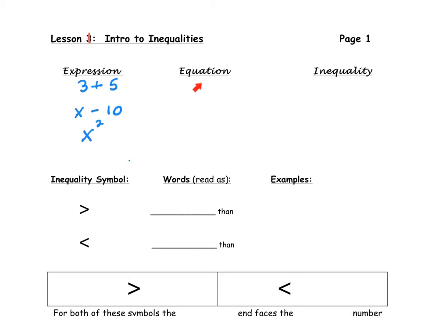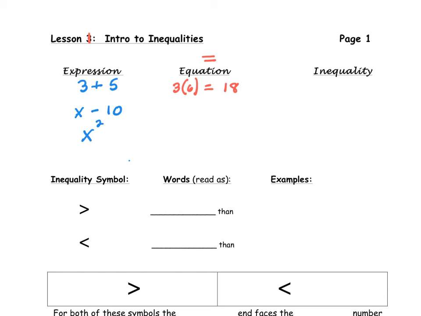So now let's take a look at an equation, and let's again start with a numeric equation. So for instance, if I said 3 times 6, an equation must have an equal sign. So it could be numbers, again operations generally, and I would say that that's 18.